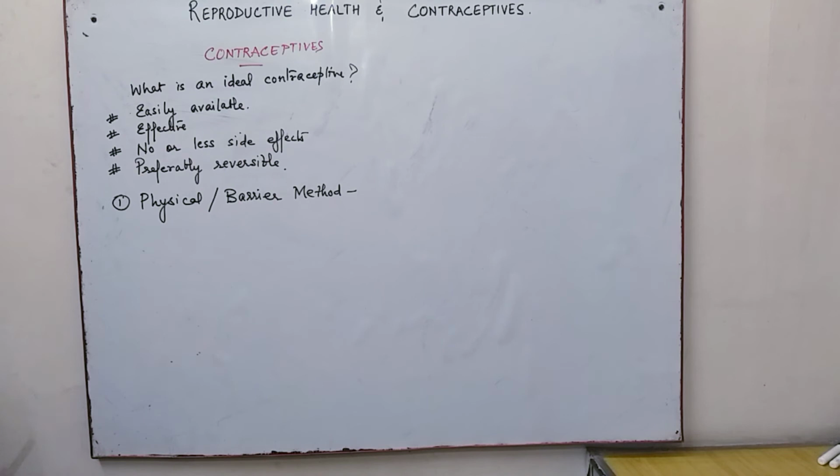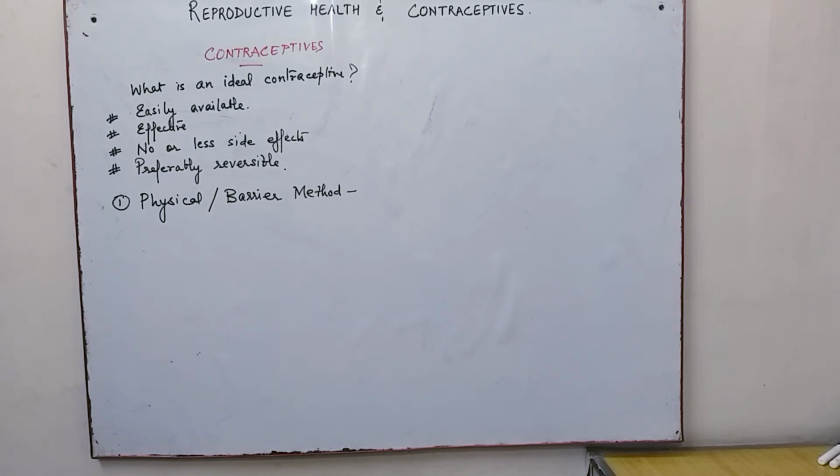The physical or barrier method is found in both males and females, and it provides a mechanical barrier so that the sperms do not meet or fertilize the egg, because for pregnancy to happen the egg must be fertilized by the sperm.